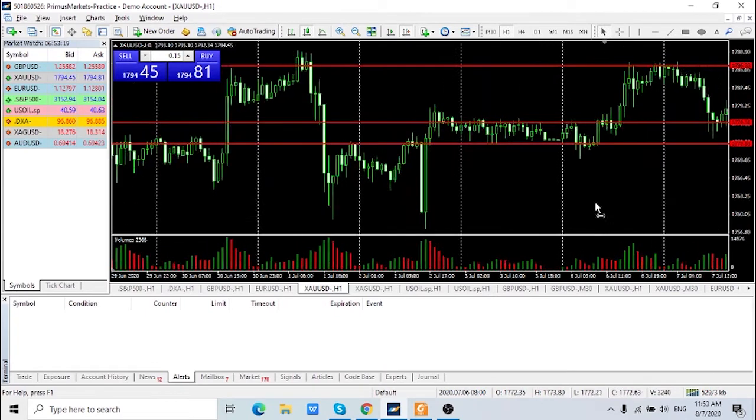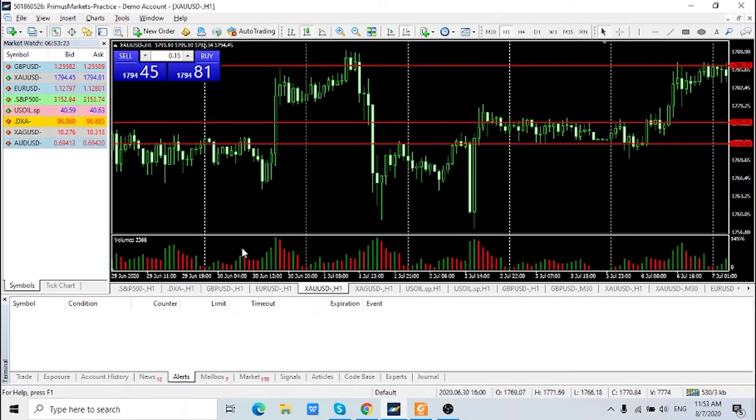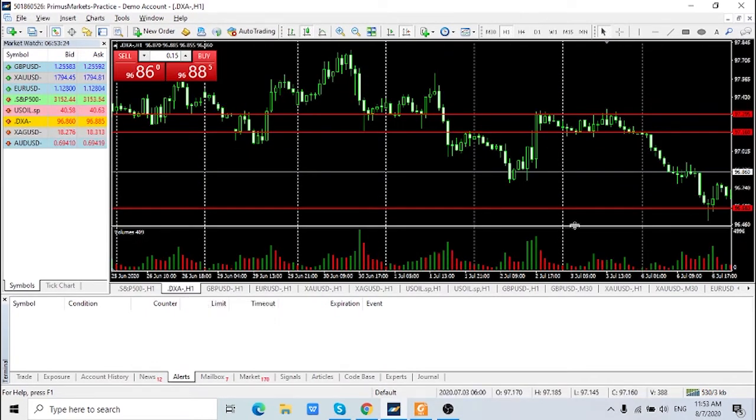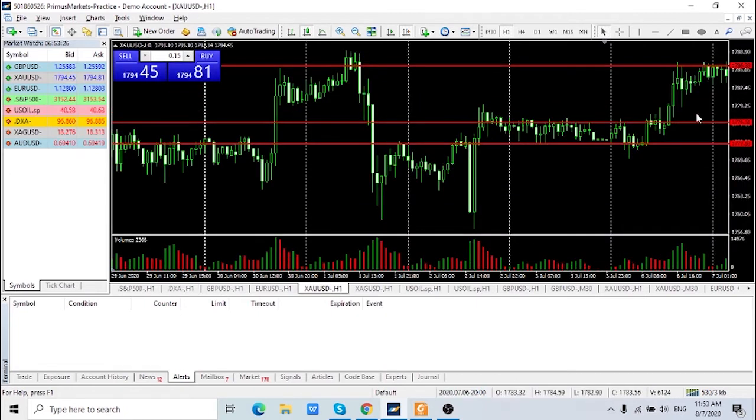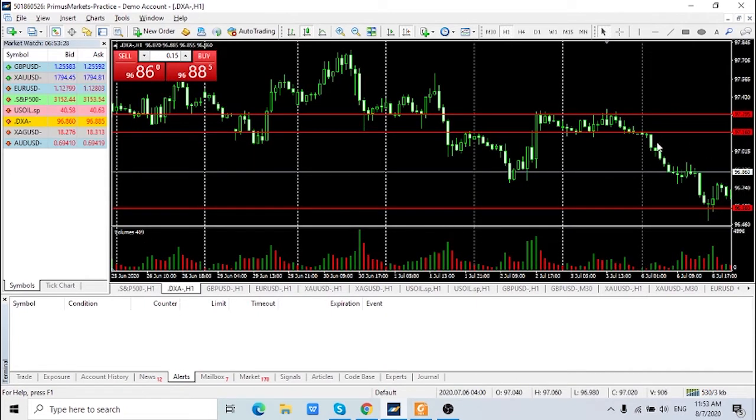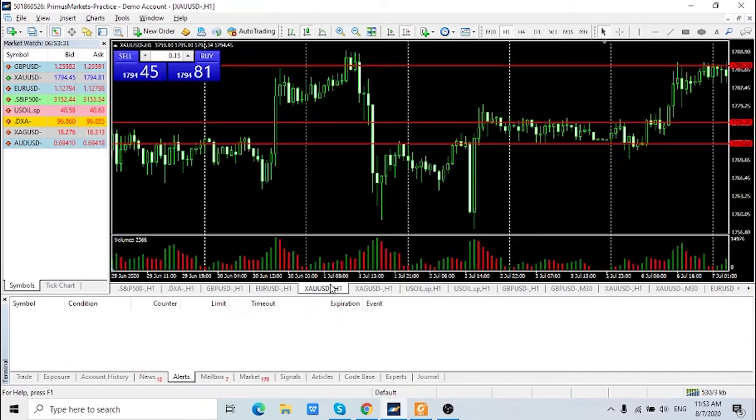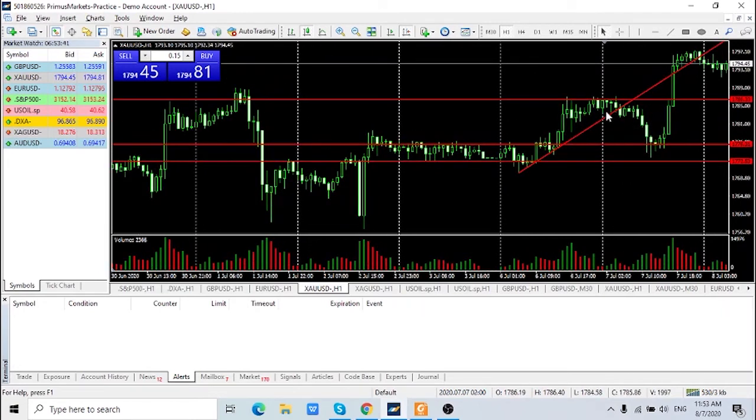Gold prices was pretty exciting also, as gold prices was moving up on a Monday as the US dollar was weakening. So of course the US dollar weakening is just part of the reason why gold prices went up. So gold prices was strengthening on a Monday, consolidated on Tuesday Asian trading session, came back down first.